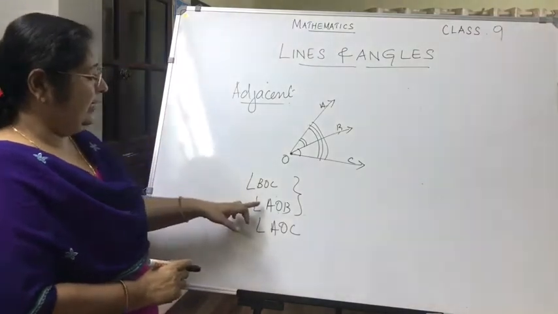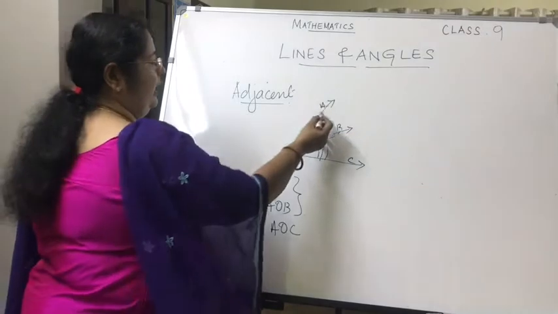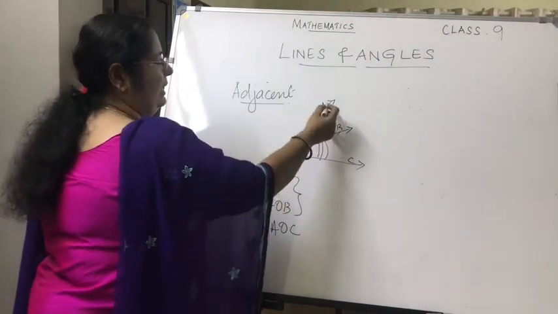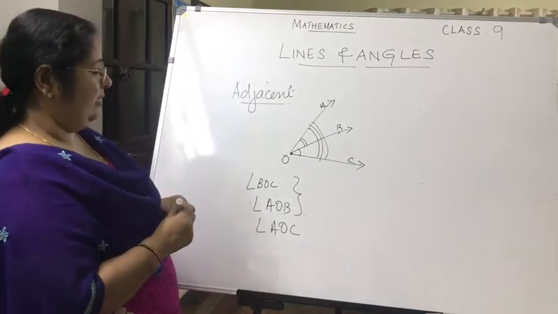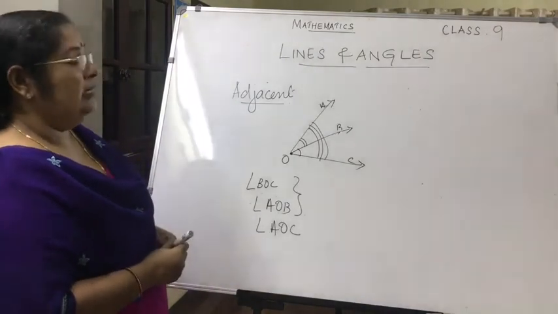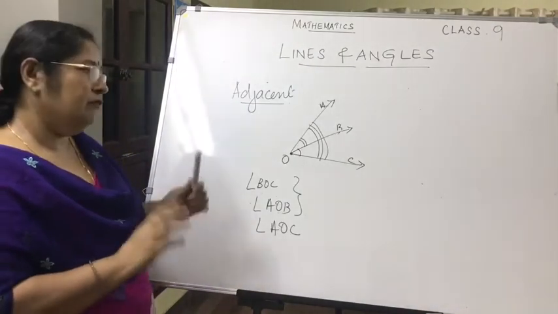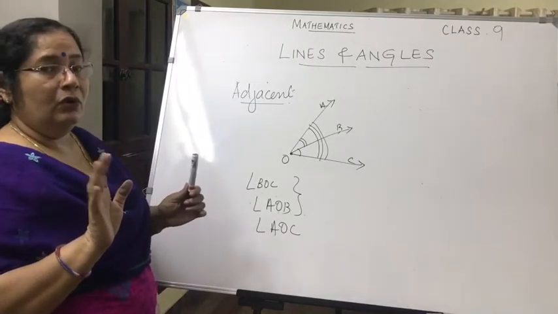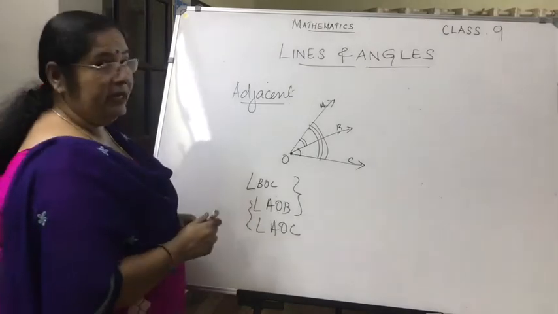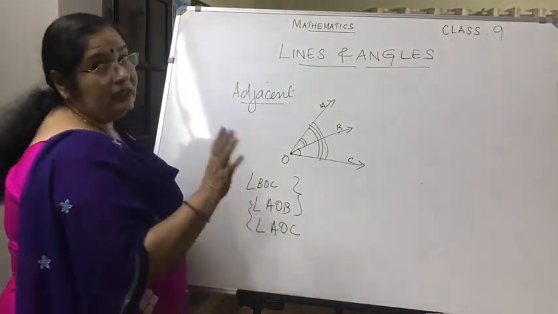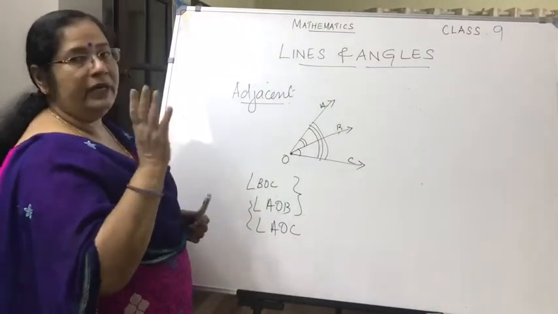Now let us take the case of AOB and AOC. Vertex is the same, O. Which is the common arm? The common arm is OA.